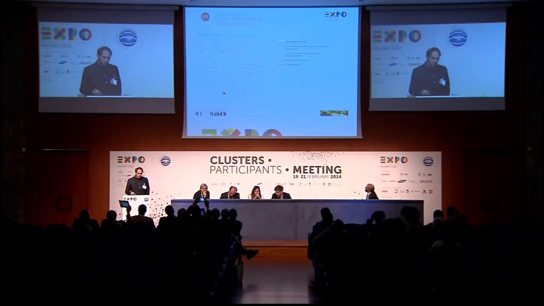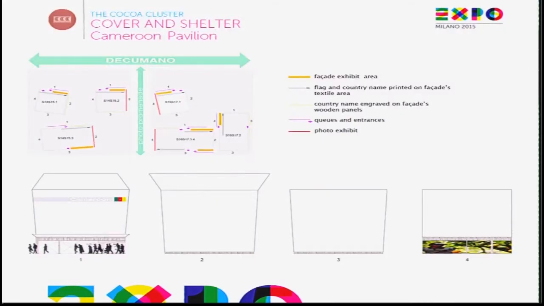I don't think I need to go into detail about where the QRs and the facade exhibit area are, because I think it's very clear, very graphic in this image, but definitely now or in the second part of this moment we can chat about this, we can be very precise and go deeply into each one of these pictures, of course.